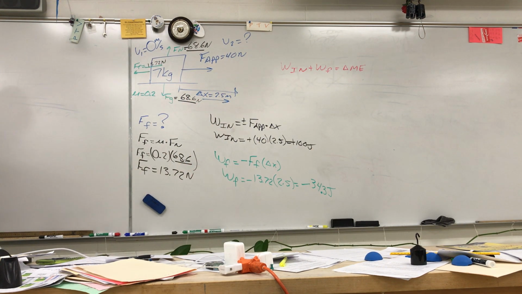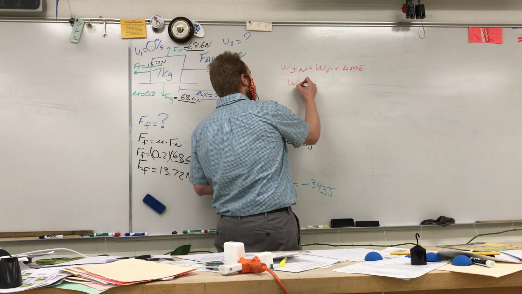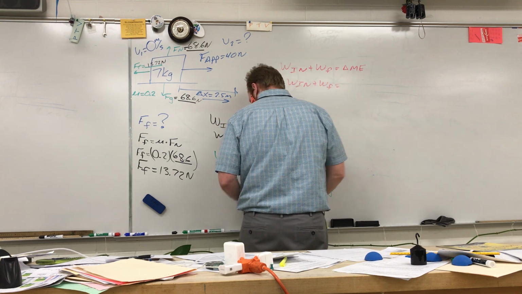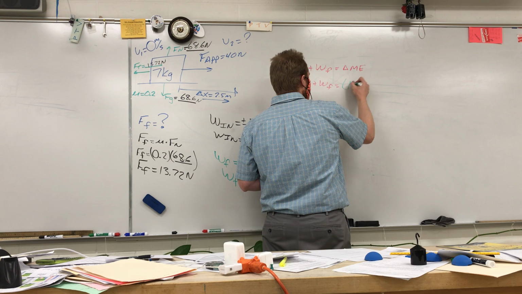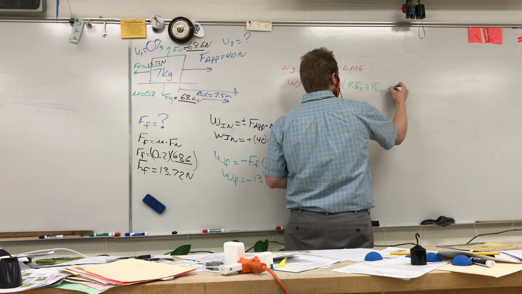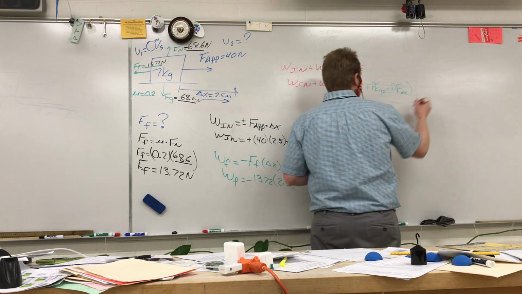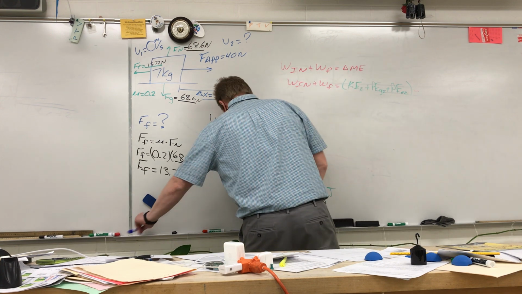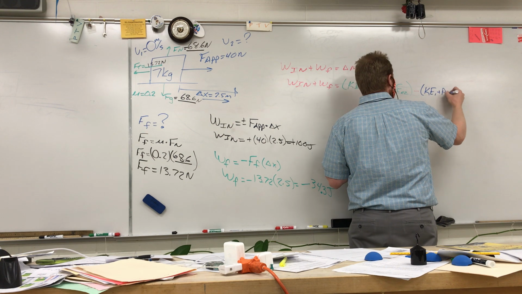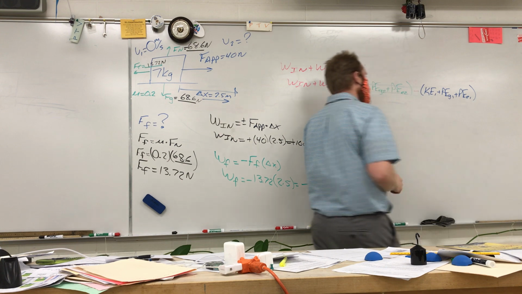Now, two location problem. Work in plus work done by friction is equal to change in mechanical energy. If we expand that out, my ME2 is KE2 plus PEG2 plus PEE2 minus KE1, PEG1, PEE1.